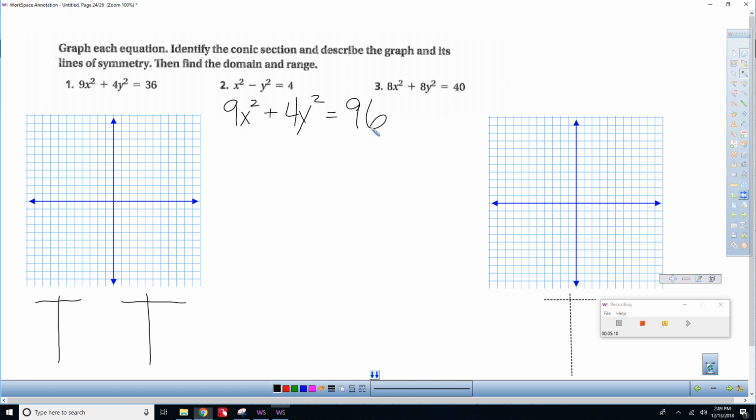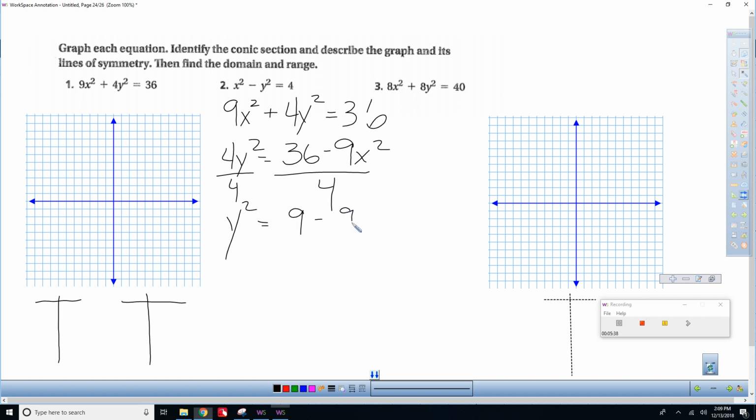How would I figure out what the graph of that is without understanding things about this chapter? Well, I'd have to guess and check points. Well, that's pretty hard. So what if I did this? What if I solved it for y squared? 4y squared is 36 minus 9x squared divided by 4. And you get y squared is 9 minus 9/4 x squared.